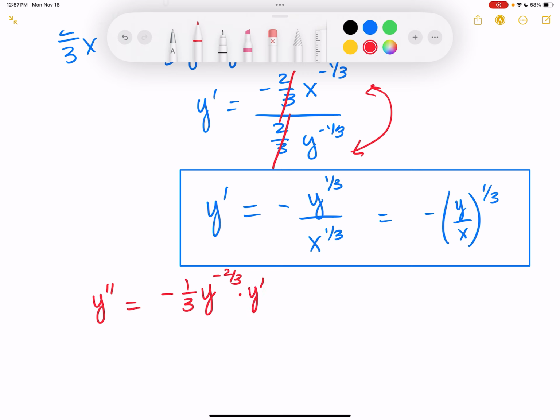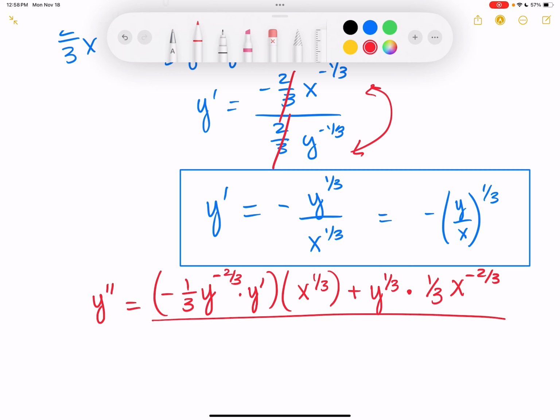And then I'm going to just make this a positive. Y to the 1/3 times 1/3 x to the -2/3 divided by x to the 1/3 squared.